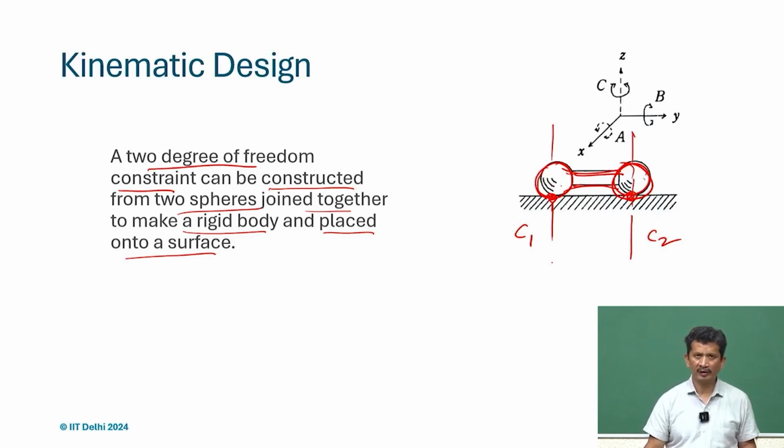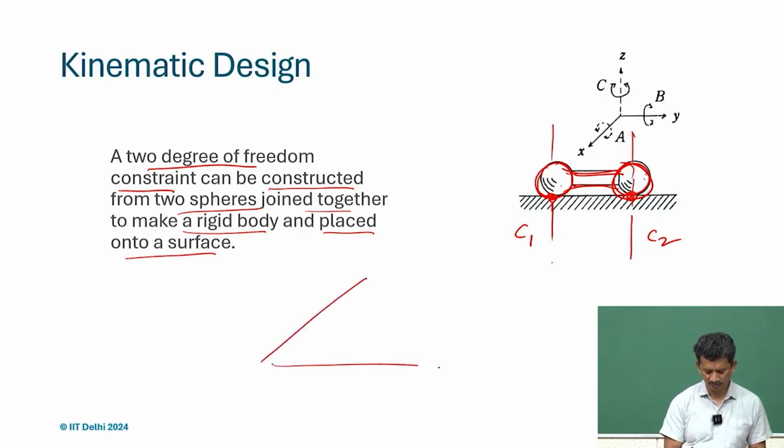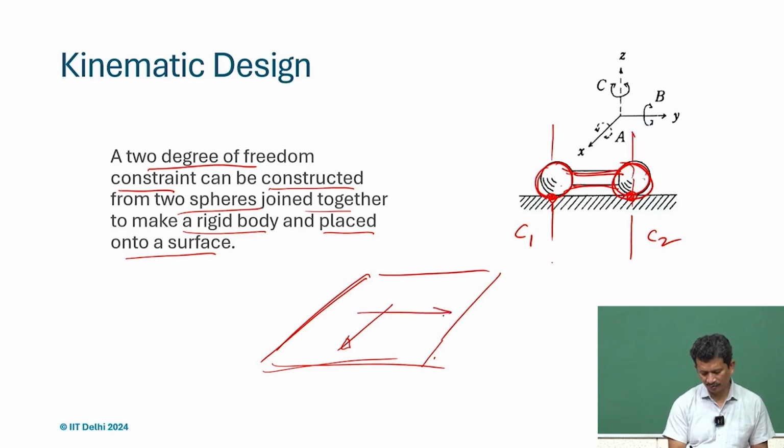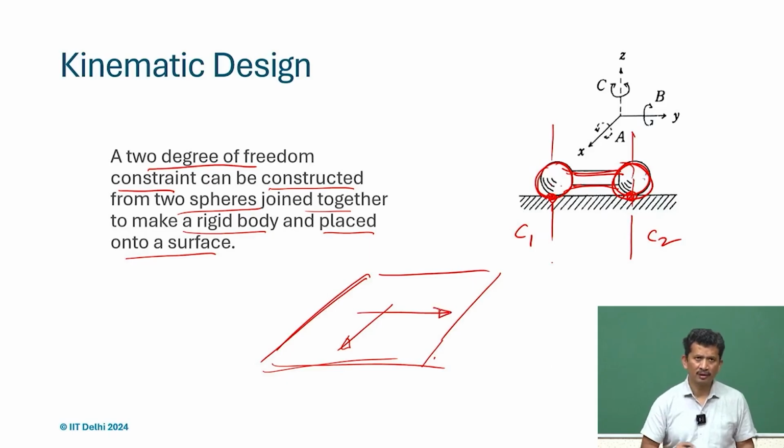Again, if we place it on the flat surface, what we will see is it can move in x direction, can slide easily. Again, it is a frictionless surface, so it can translate in x direction. Similarly, it can move in y direction. So, in x, y we can move it very easily.